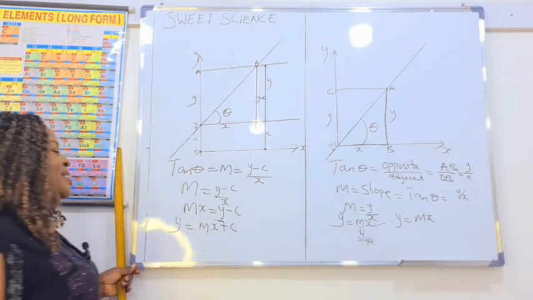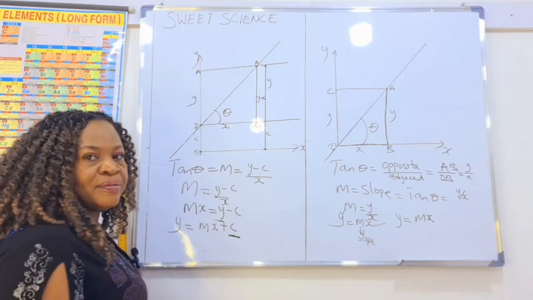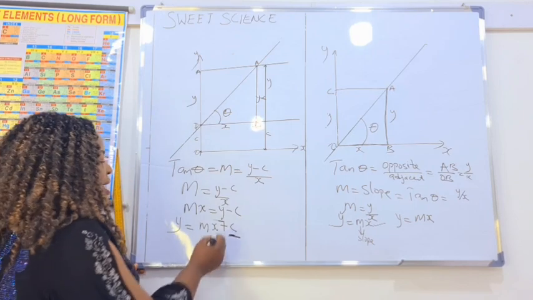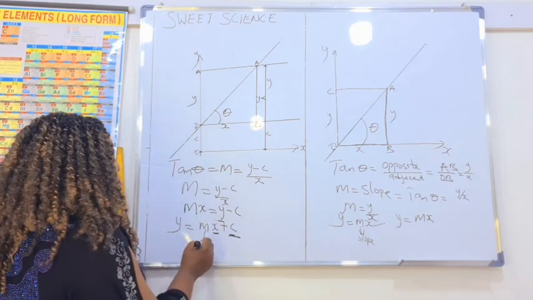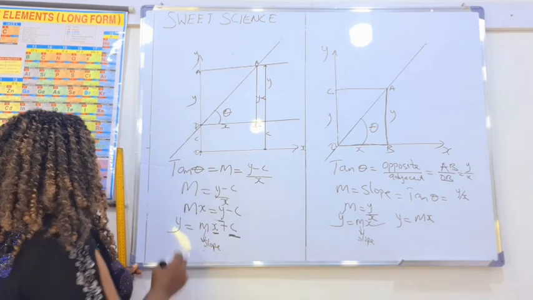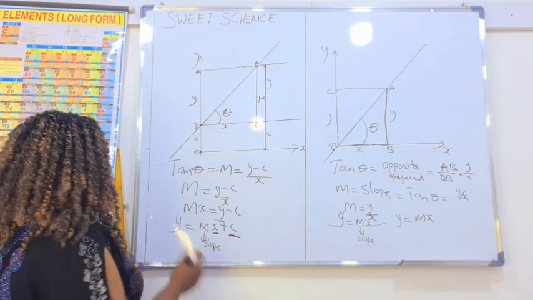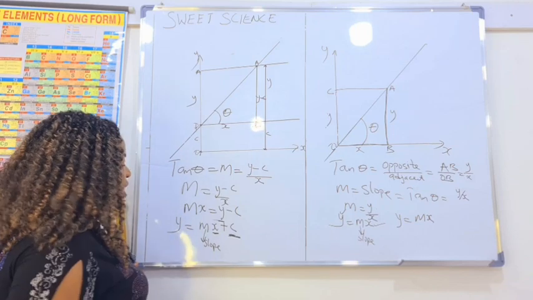So c is what you call the intercept. C is your intercept, X is your independent variable, M is your slope, slope of the graph and of the equation. Then Y is your dependent variable.